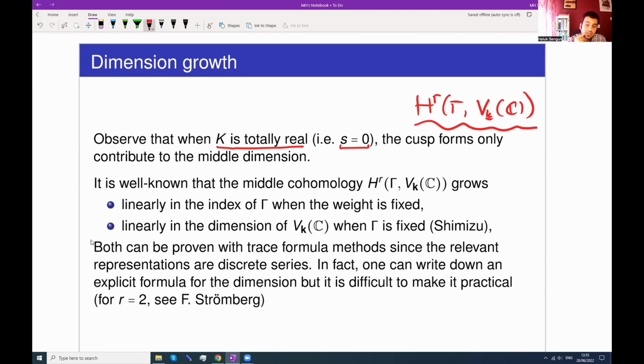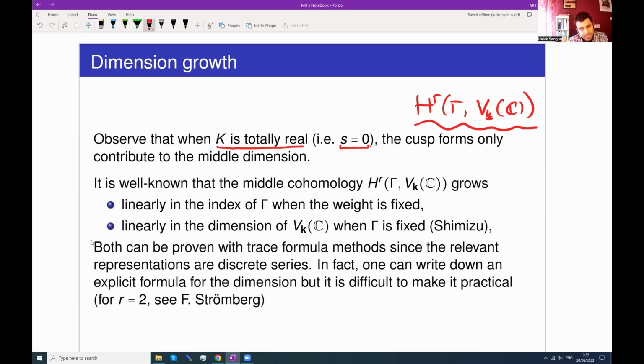You could say that in this case, when it's totally real, you're going to have discrete series representations. Those are the essentially components of automorphic representations at infinity. And trace formula methods, they pick up a discrete series because they're isolated in the spectrum, in the tempered spectrum. So you can use trace formula methods to get a really dimension formula.